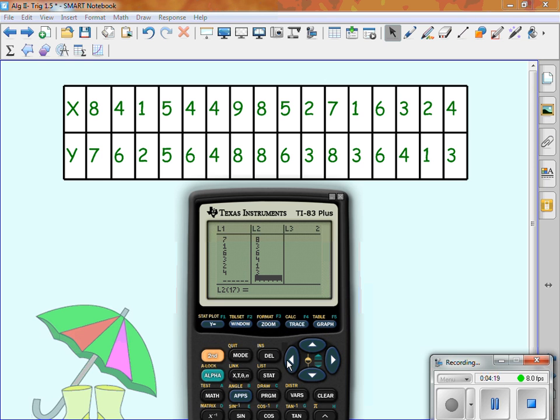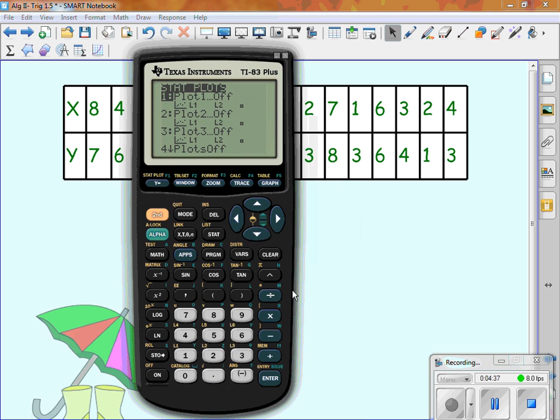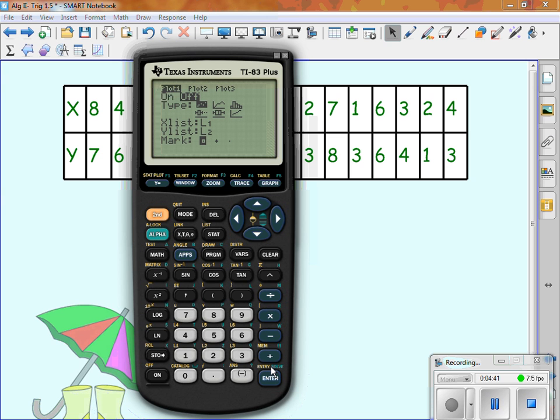After you have all the data typed in, hit second, Y equals. We would normally just hit Y equals to graph equations, but we're doing stat plot. Second Y equals brings up this. All of yours say off, so just click on number 1. Press enter. It's flashing on the on.